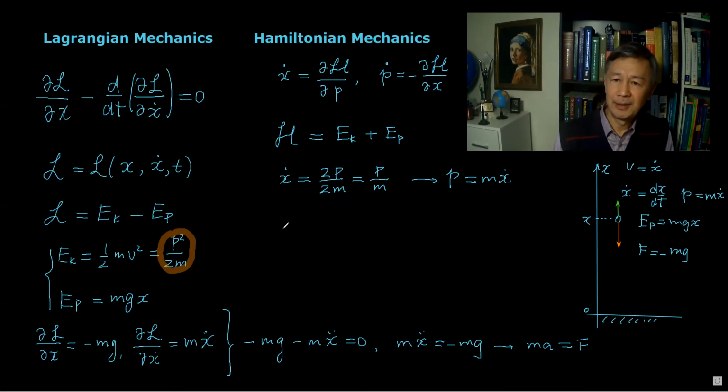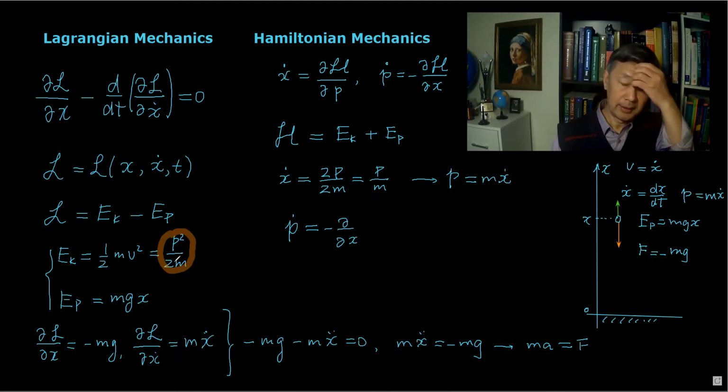On the other hand, the first derivative of the momentum, according to Hamiltonian mechanics, can be derived as the negative partial derivative of the Hamiltonian with respect to the coordinate x.